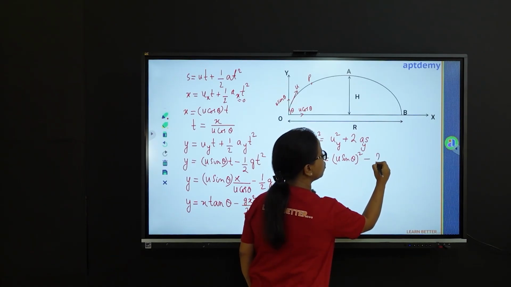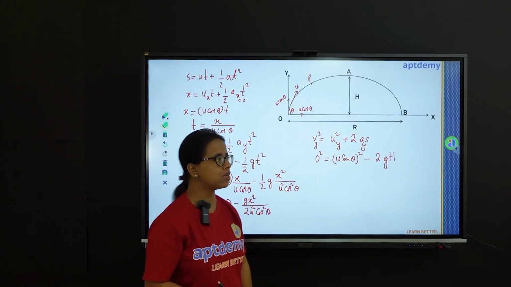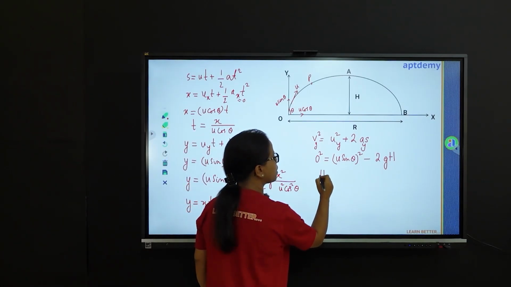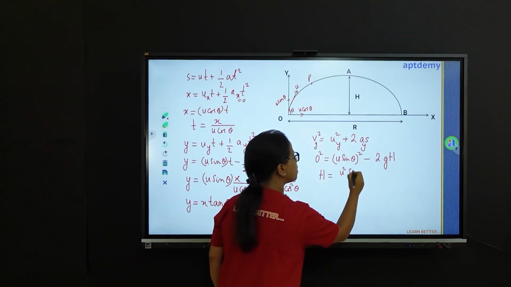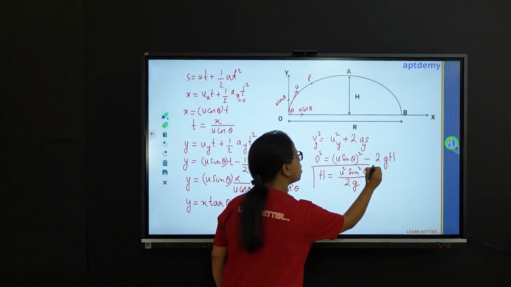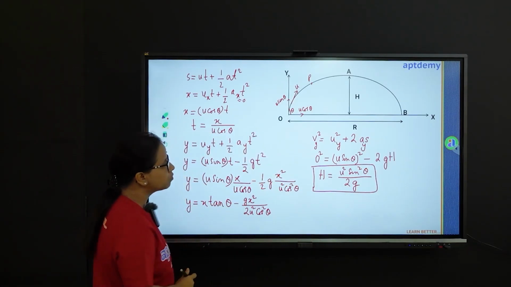So minus 2g and s has to be replaced by h, where h is the maximum height achieved by the projectile. Ultimately we get an expression for h as equal to u square sin square theta by 2g. So another very important formula which will help us a lot in solving numerical problems.